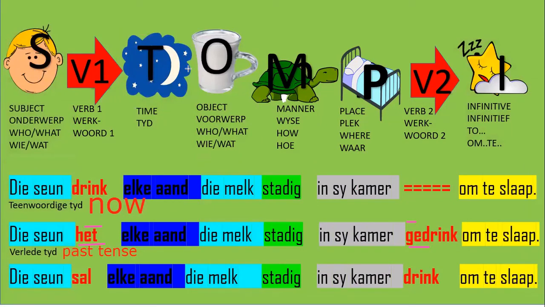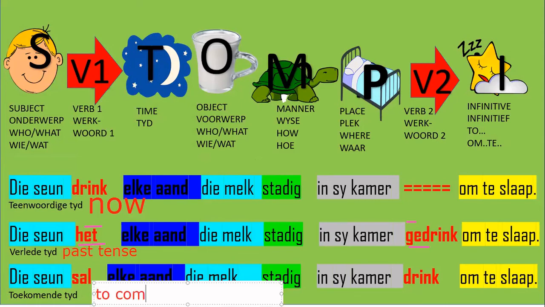Dan is daar, wat is die laaste sinnetjie nou eintlik? Die laaste sinnetjie is, ekskuus tog, I'm coughing. Toekomende tyd. En wat is toekomende tyd? As ons dit skryf, toekomende tyd is to come. Kan julle sien daaronder? Ek gaan hom hierbo skryf.